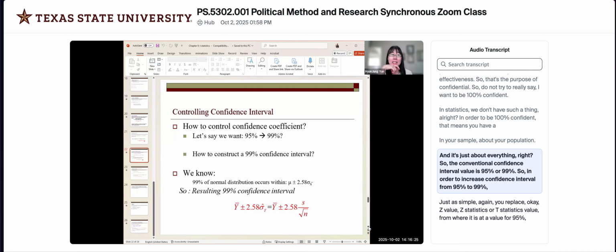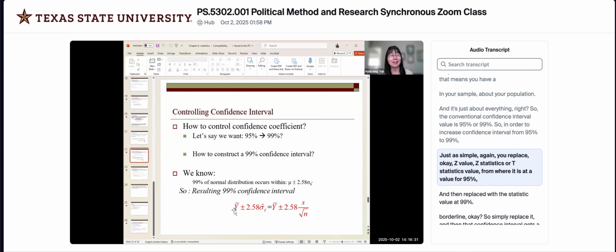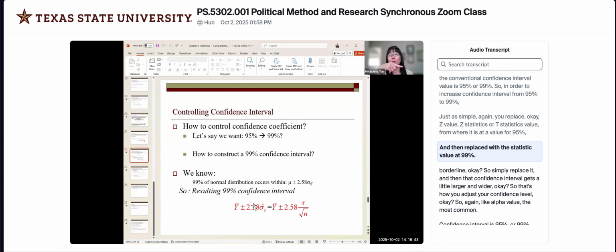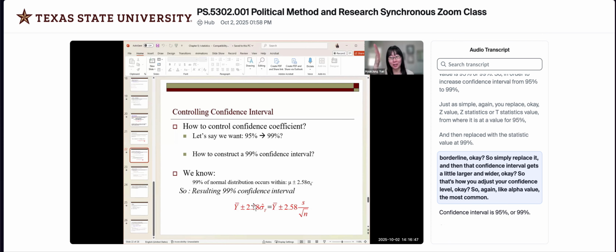So in order to increase the confidence interval from 95% to 99%, it's simple. Again, you replace the Z statistic or T statistic value for 95% with the statistic value at the 99% borderline.